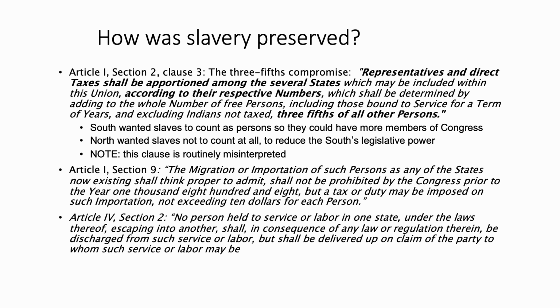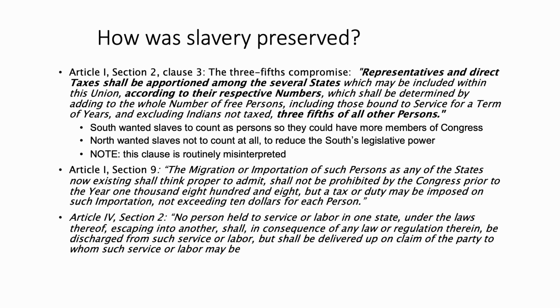Second, Article 1, Section 9, which basically says that the slave trade is protected in the United States until the year 1808, so that it says it cannot be prohibited. That is, the importation of captured people, kidnapped people from Africa, cannot be prohibited by Congress before 1808.